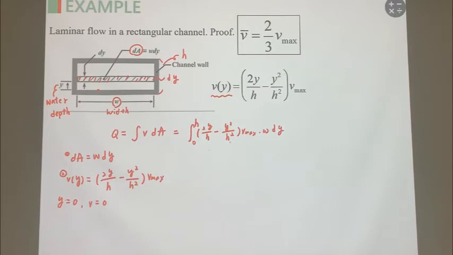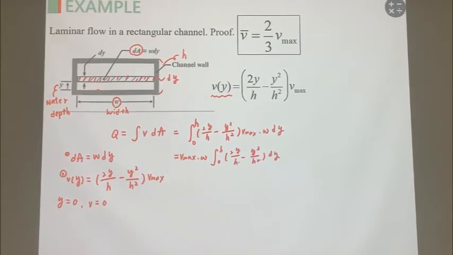So you can try to solve this integration problem. I just move some constant values outside. First, V maxima is always constant, and the width doesn't change along the y direction, so I move the width outside. Inside we only have the velocity, 2 times y divided by h minus y squared divided by h squared, dy.